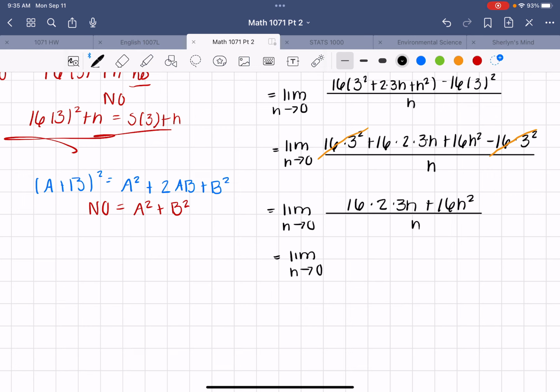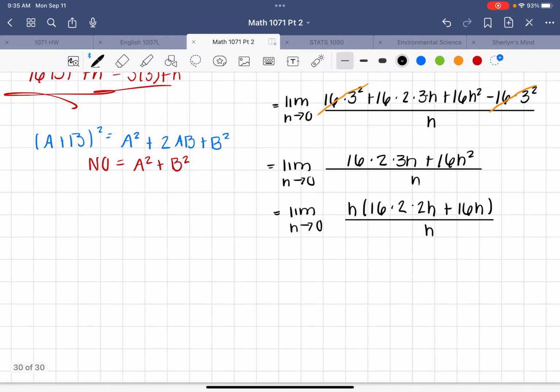You can't put 0 in for h because 0 over 0 is meaningless. Or, more properly speaking, 0 over 0 is ambiguous. And math hates ambiguity. So that's why math says 0 over 0 doesn't exist. But because h is not 0, it's only tiny, now you can cancel the h's. So this becomes the limit as h approaches 0 of 16 times 2 times 3 plus 16 times h.